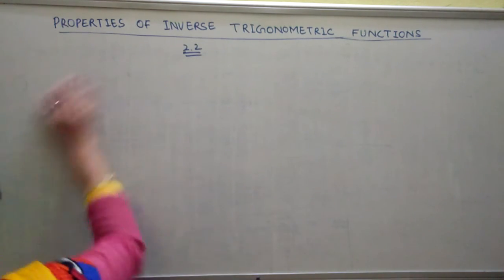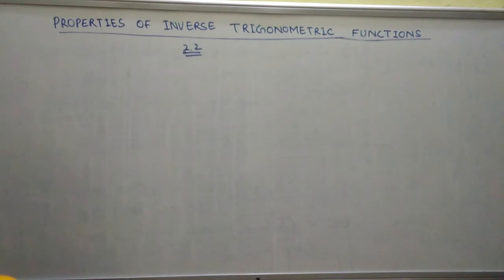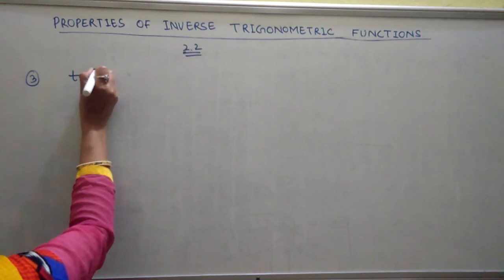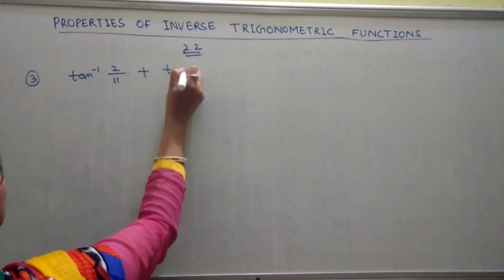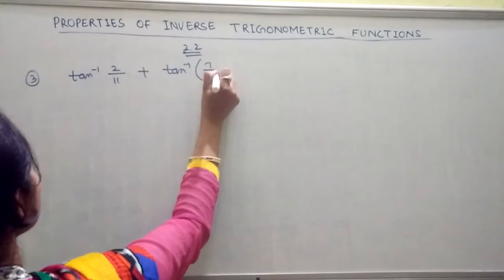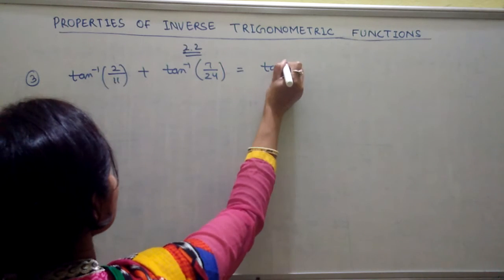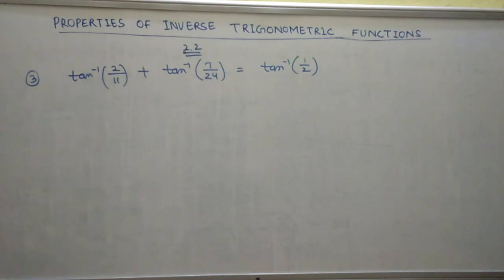How can we solve this question? The question is: tan inverse 2 by 11 plus tan inverse 7 by 24 is equal to tan inverse 1 by 2. Okay. So this is the question.